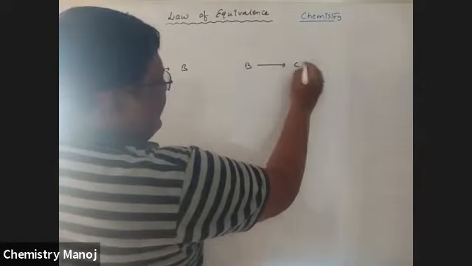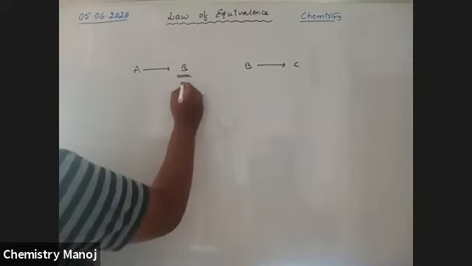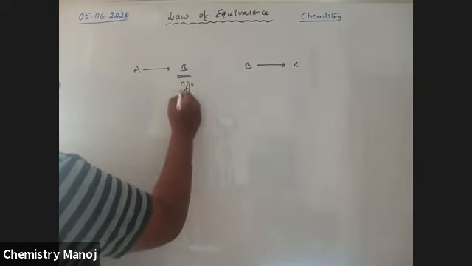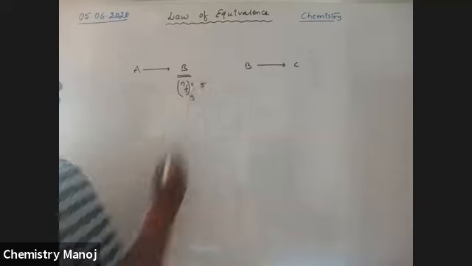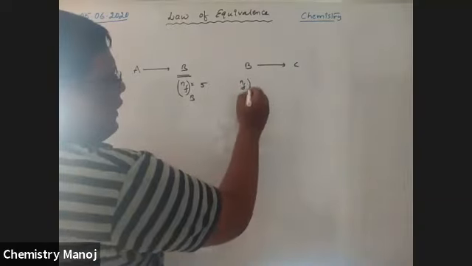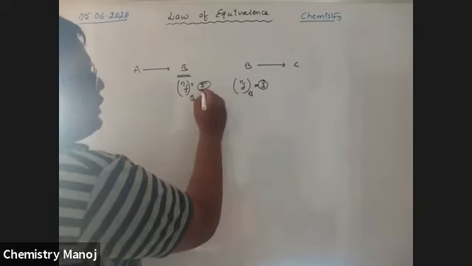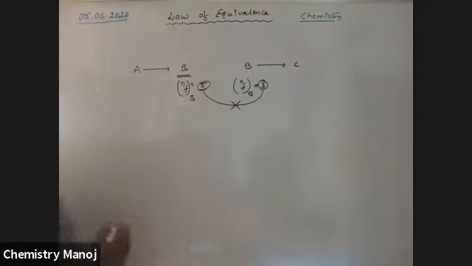B gives C. It is another reaction. In this reaction, the n factor of B is equal to 5. In this reaction, the n factor of B is equal to 3. These two are not the same.